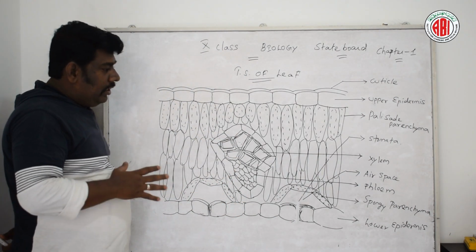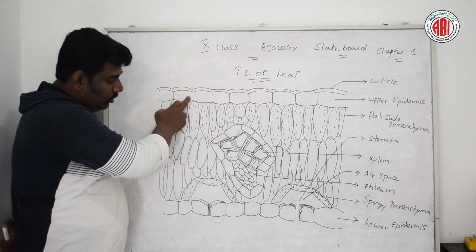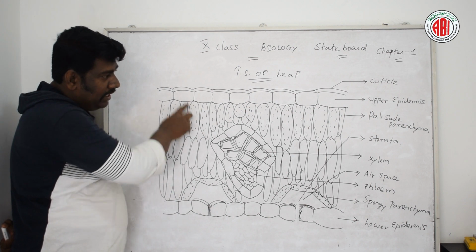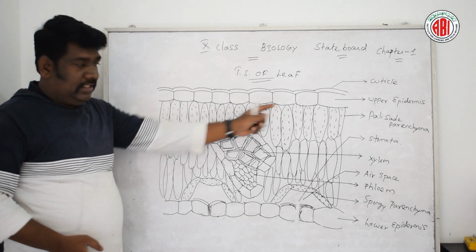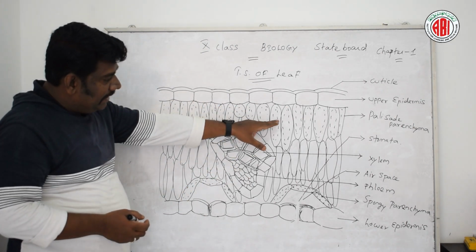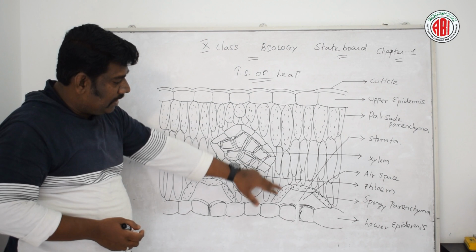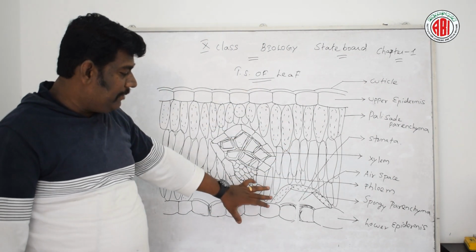Right. So in the diagram you can see the upper epidermis and lower epidermis are uniform, looking like a very unique structure. And the palisade parenchyma and spongy parenchyma both are also unique. But what is the difference between the palisade parenchyma and spongy parenchyma?